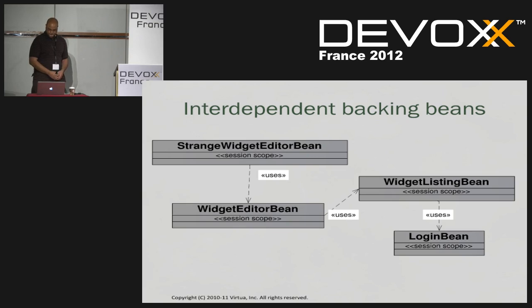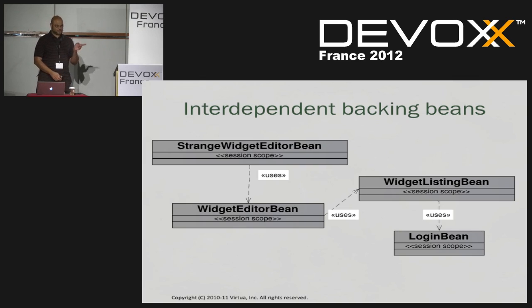Okay, so this is one of my big pet peeves. Does anyone see anything wrong with this code? Okay, nobody sees anything wrong at all. All right, that's a good one.